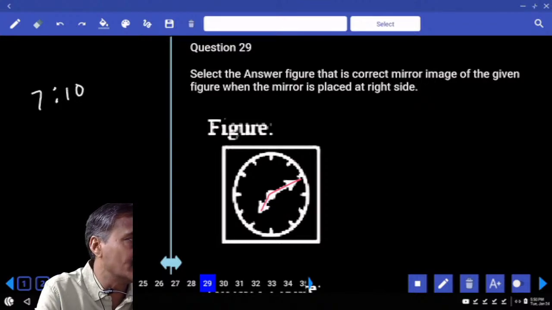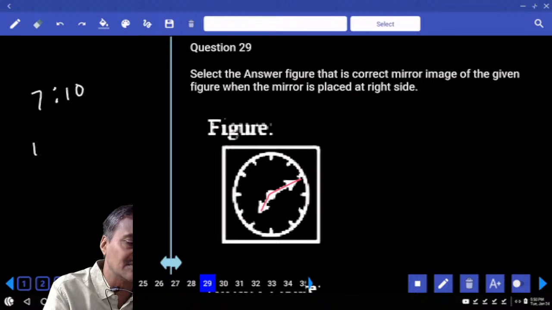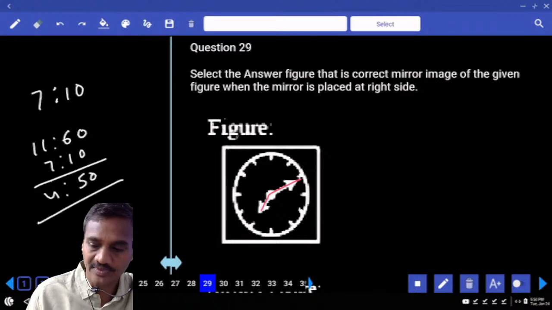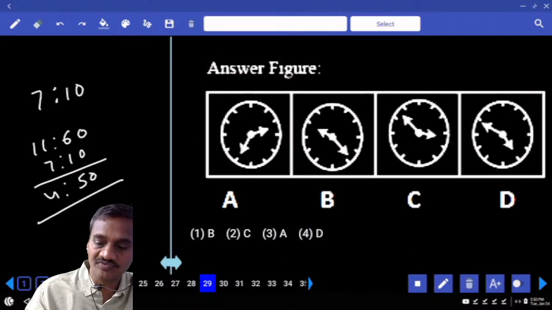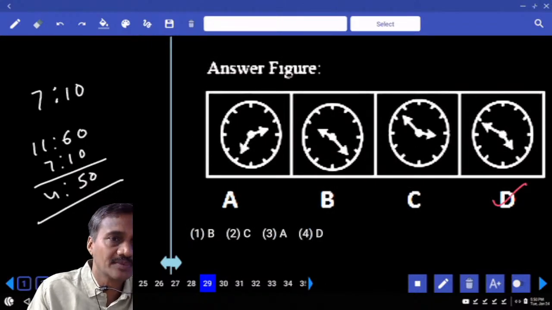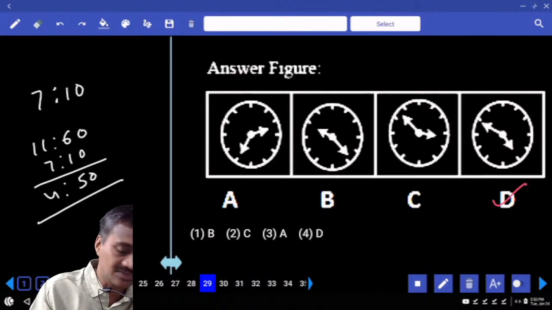Now we need to find its mirror image, the time in the mirror. How does it come? 11:60 minus the given time. 11:60 minus 7:10. 60 minus 10 is 50, 11 minus 7 is 4. Now the time must be 4:50. Among the given choices, 4:50 is given in which choice? Choice D is the answer. This is question number 29.